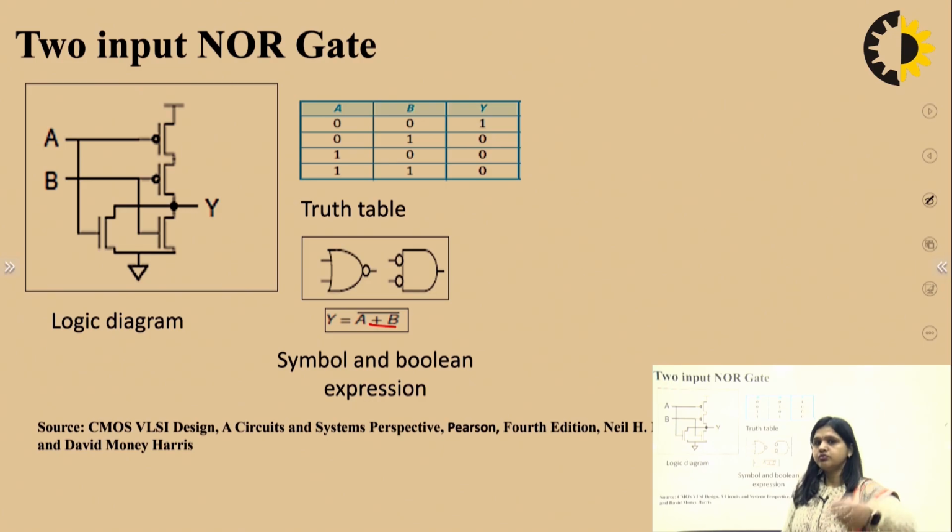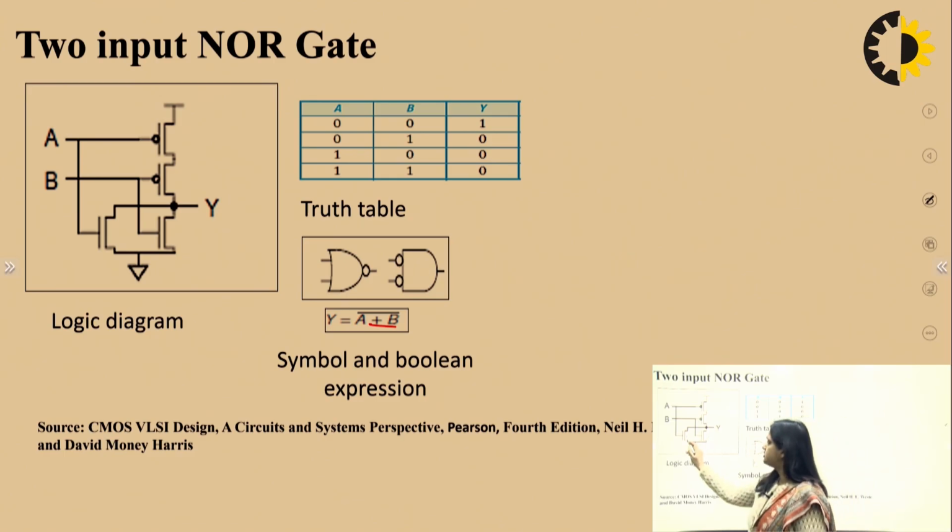For OR operation, I already told you, the NMOS transistors must be connected in parallel fashion. You can see that NMOSs are connected in parallel, and by duality property, you can implement the PUN. Here PMOSs are connected in series. So this is how you will get (A plus B) bar.